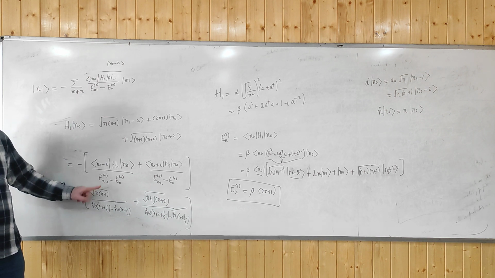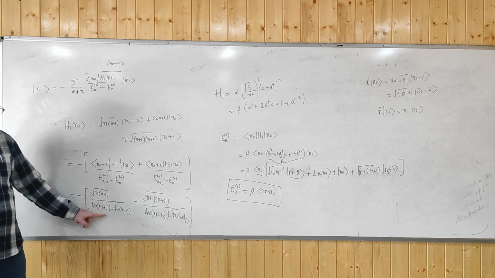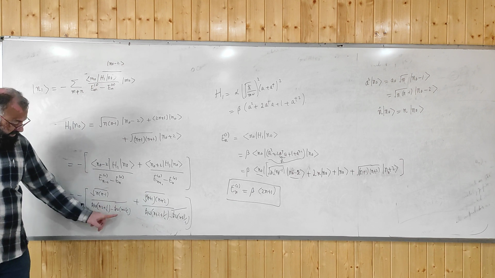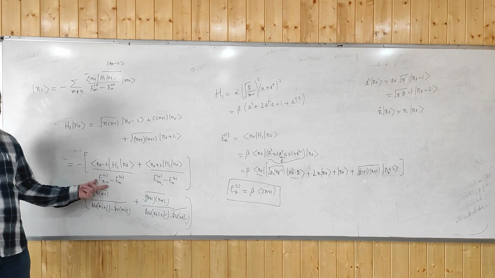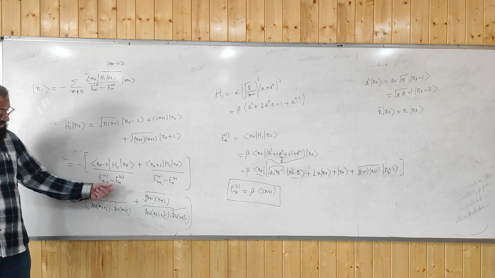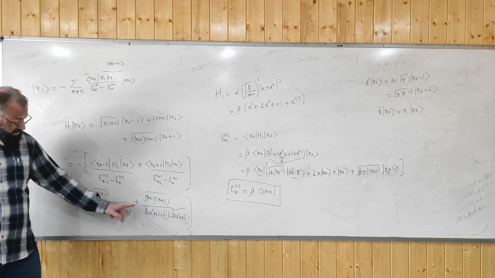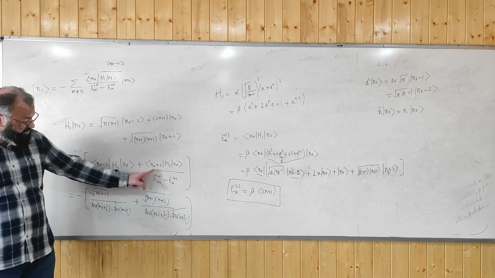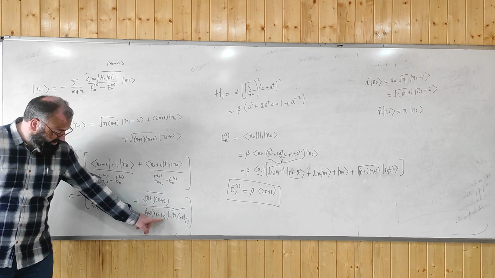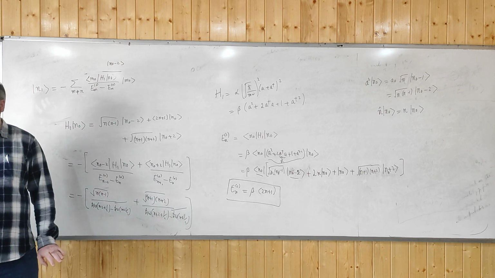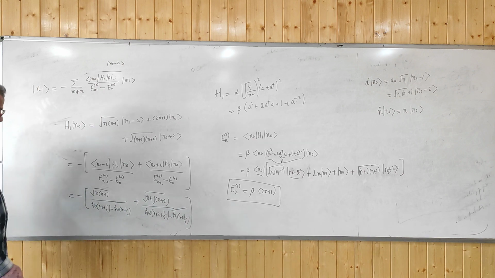You replace n by n minus 2, then you subtract it by E_n. So what is the unperturbed energy? h cross omega (n plus half). So these are unperturbed energy corresponding to the (n minus 2)th level, and this is for the nth level. Now you are having E_{n+2} here because you are having n naught plus 2 here. So what is it? n plus 2 plus half. Got it? Okay.